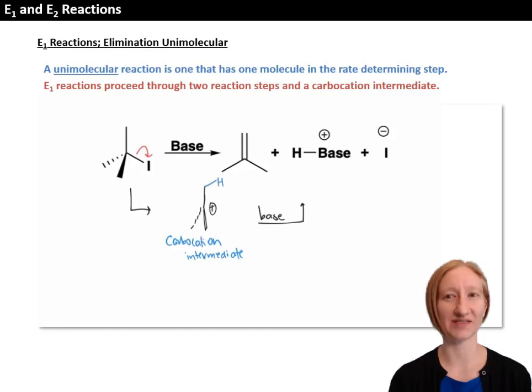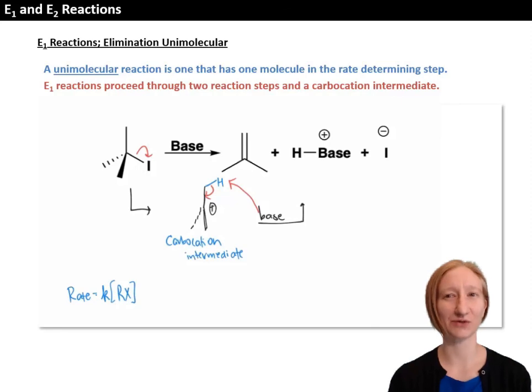Instead of undergoing attack by a nucleophile, in the E1 reaction, the beta hydrogen will be deprotonated to form the alkene product. And so E1 and SN1 reactions look very similar, but they differ in what happens to the carbocation intermediate. And that means that for an SN1 reaction, we need a nucleophile, while for an E1 reaction, we need a good base.